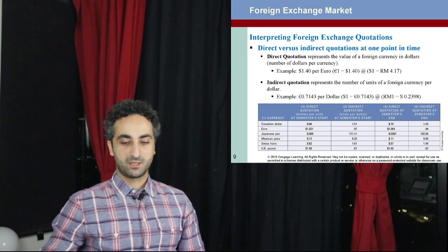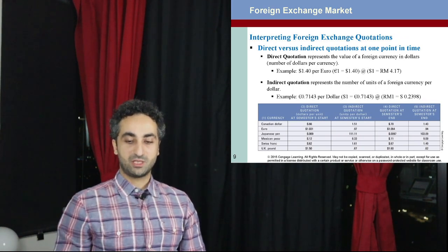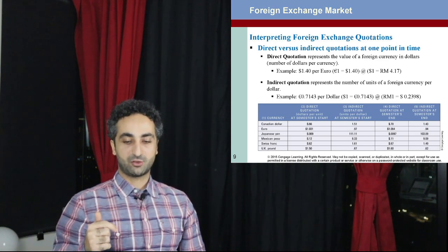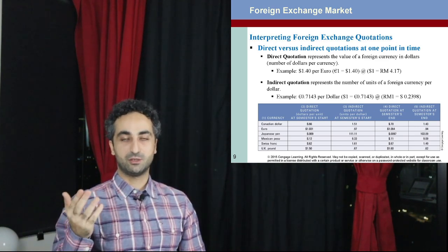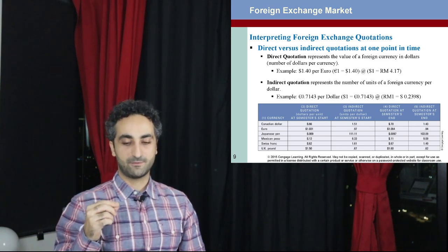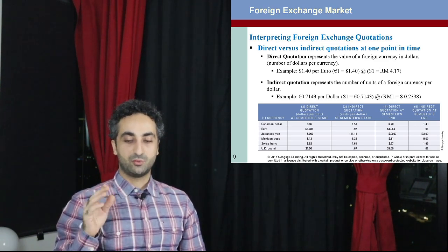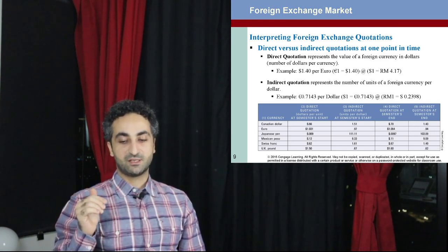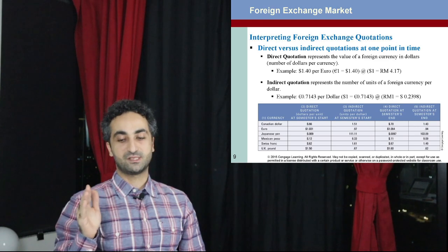So take a look at the euro. You need how many dollars to buy 1 euro? In the direct quotation, we notice you need more than a dollar, $1 and almost 3 cents only. However, we look at the price at the end of the semester and it's 1.064.